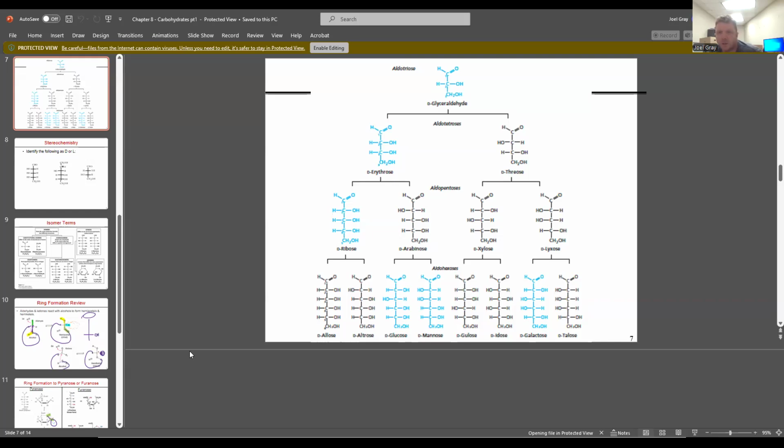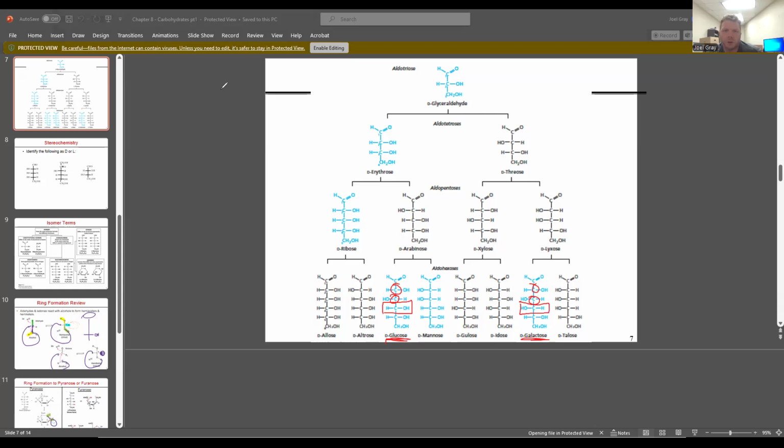Because if you look at the structures of glucose and galactose, glucose right here, galactose right here, C2, those are identical. C3, those are identical. But C4, that's where we have dissent. That's where we have a difference between our sugars.